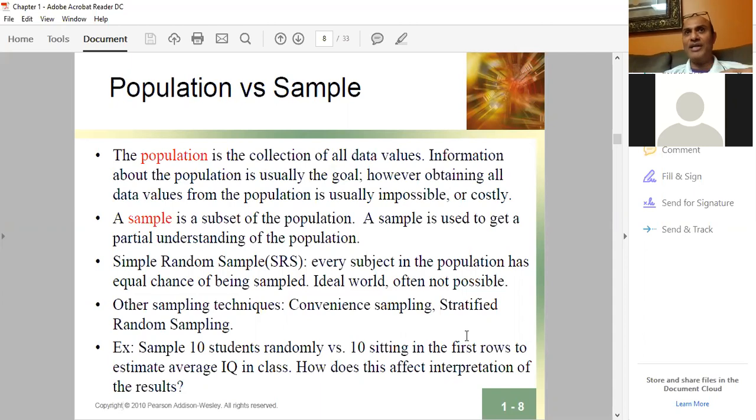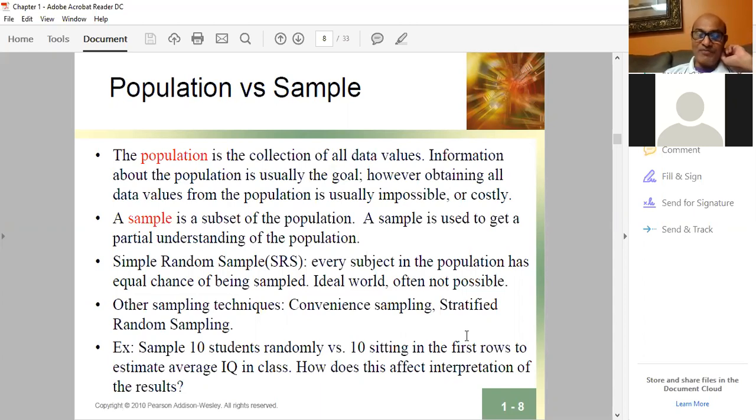So by general conclusion, Virginia will go for Democrats. That's how election poll or exit poll decisions are taken. So that's what we mean by the population and the sample.